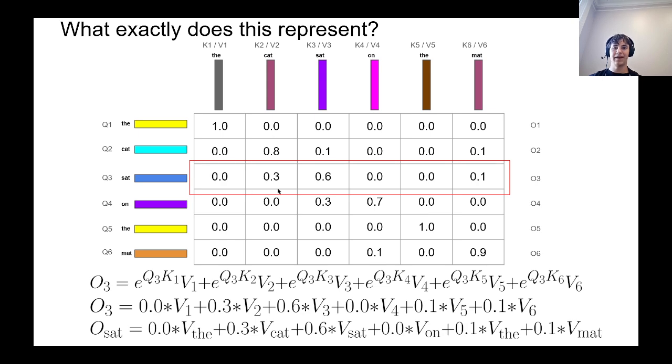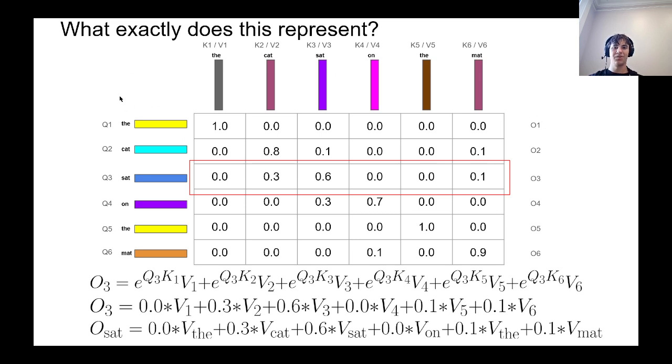This one, Q3 and K2. That's what these weights are representing. Now the value V2 is going to be multiplied by 0 for the new representation of the word the. It's going to be multiplied by 0.8 for the new representation of the word cat, and it's going to be multiplied by 0.3 for the new representation of the word sat. So that's what the columns are representing. The columns are representing the keys and the values.